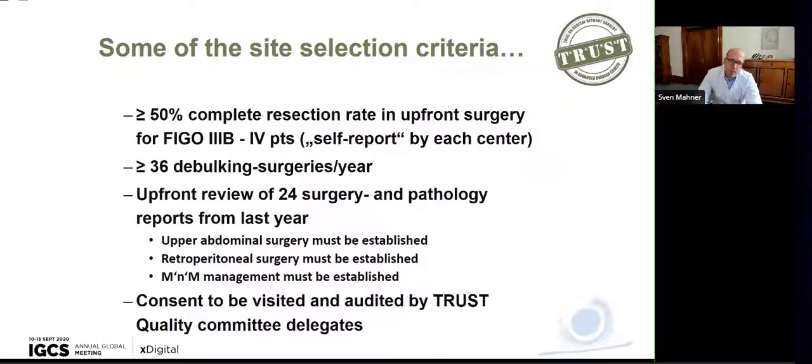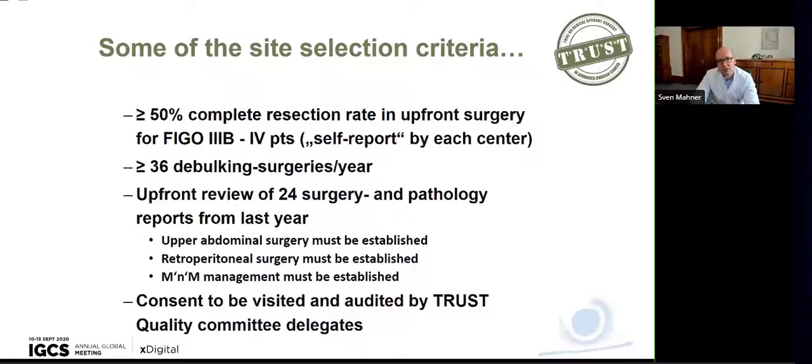And I said that we had quite a low bar for patients to enter the study. Potentially completely resectable ovarian cancer was the only criteria for a patient to get in. However, for the participating centers, the bar was quite high regarding the number of procedures performed in the different institutions, the amount of complete resections in ovarian cancer.